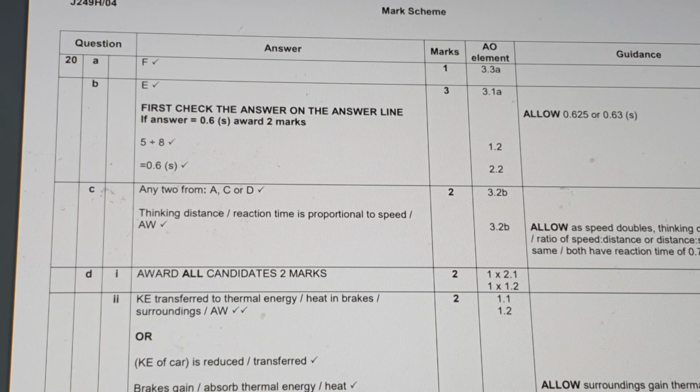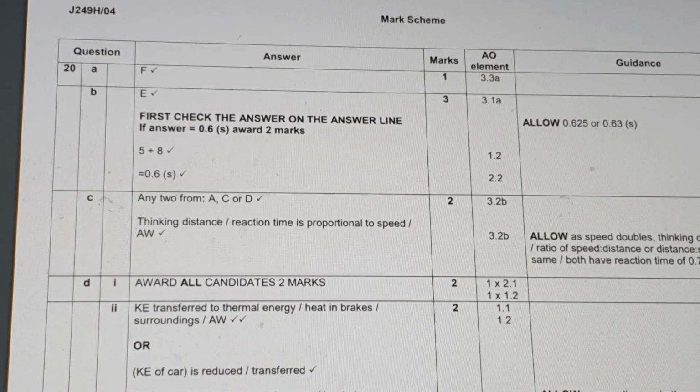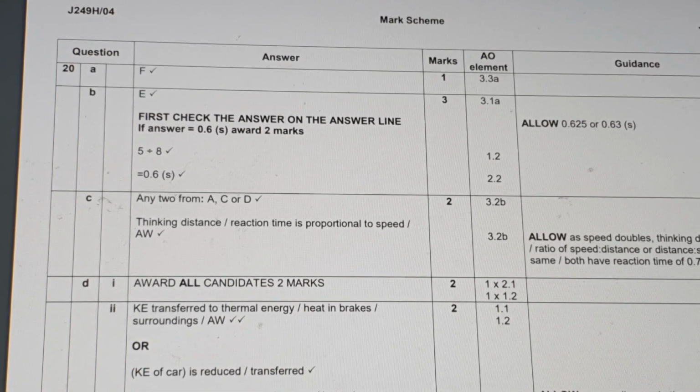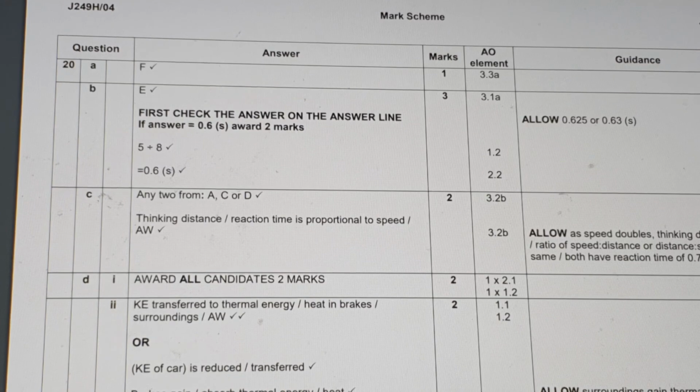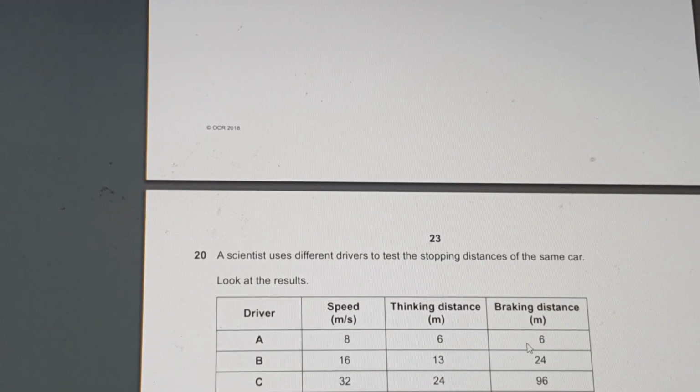Because you use speed equals distance over time, you want to work out time, the smallest time, and time is distance divided by speed. It does say allow 6.25 there. Any two from A, C, or D? I think we picked A and C, didn't we? A and C, yes, because that's 4 times bigger.